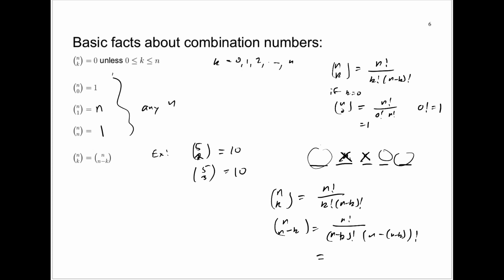And of course, n minus (n minus k) is just k, and that's the same as n factorial over the k factorial here, and this will be the n minus k factorial. So this is true for all n and k going from 0 to n.